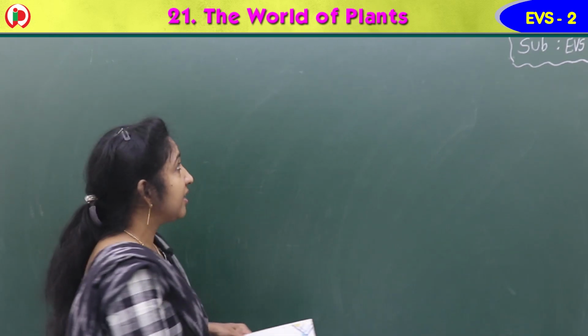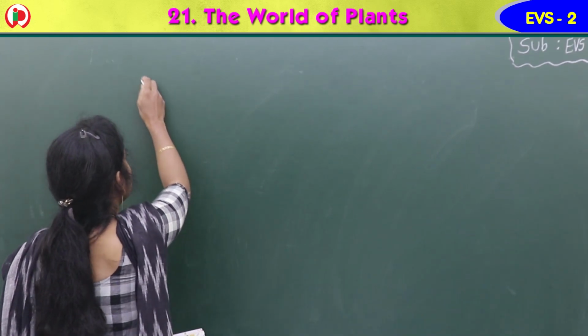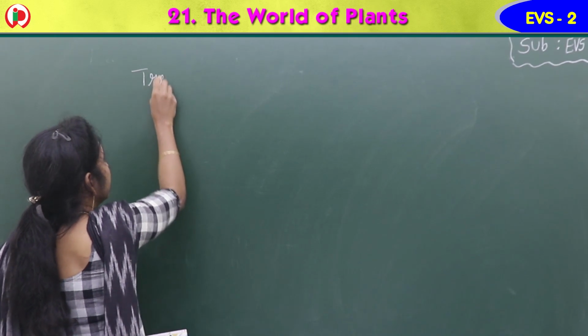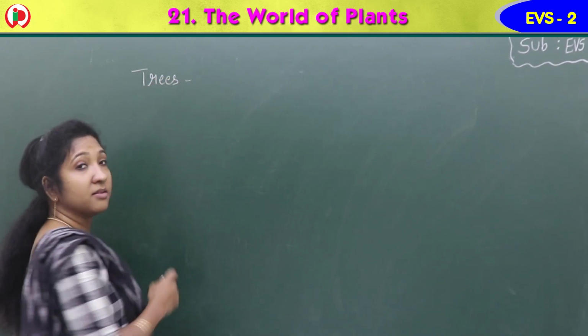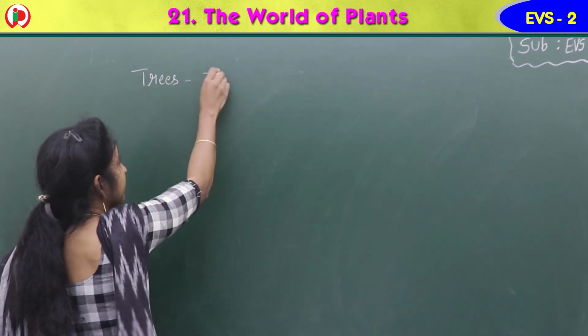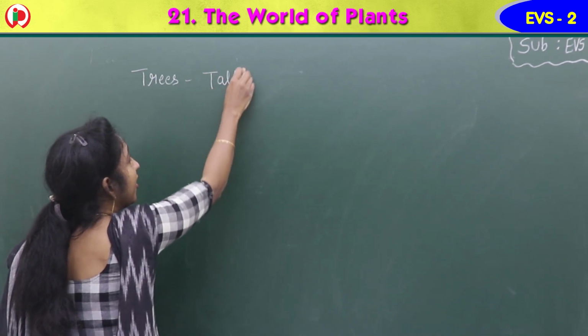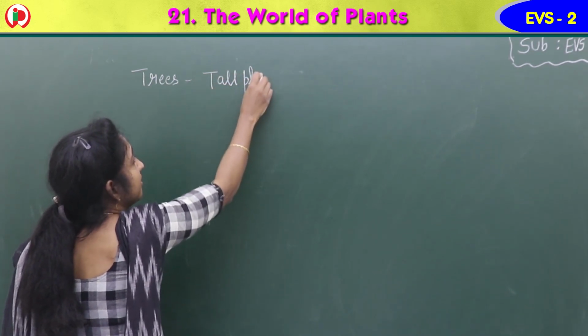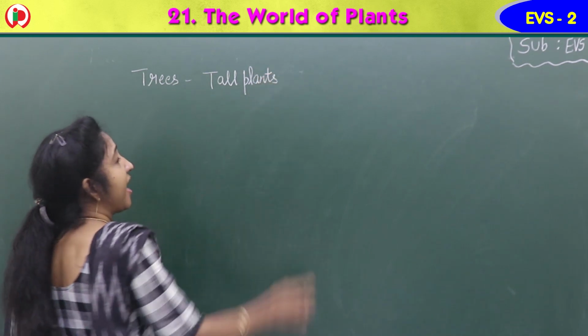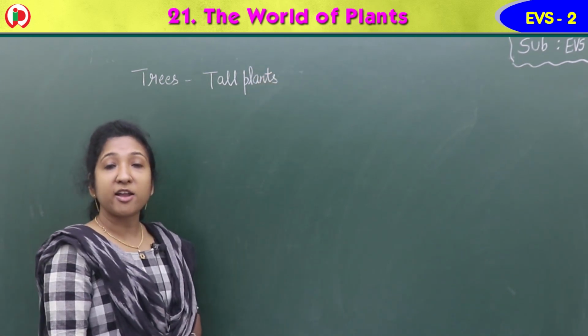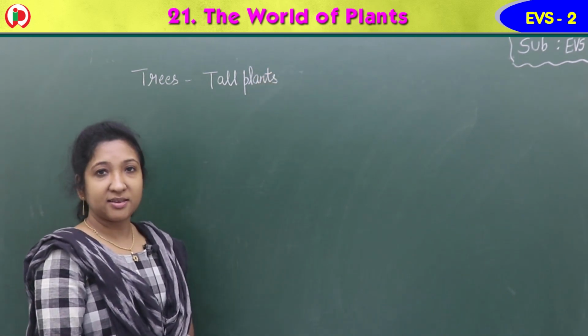Yes, we learned about the first one, trees. Trees are tall plants, or big plants are called trees. T-A-L-L, tall plants or big plants are known as trees, isn't it?